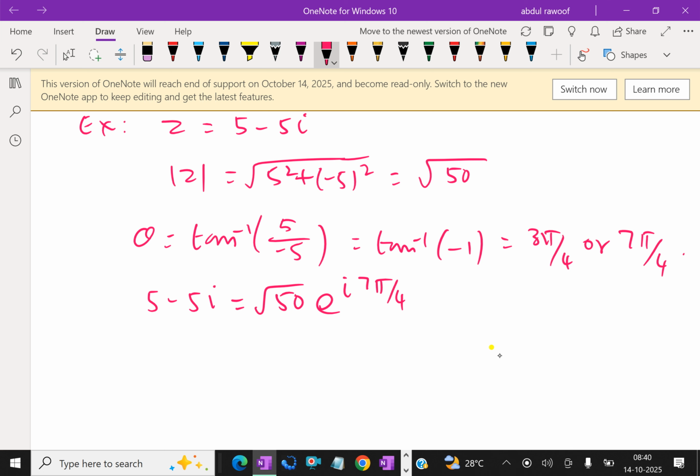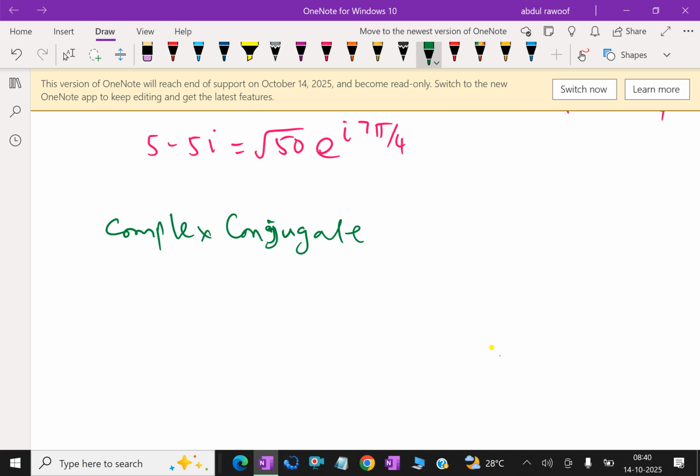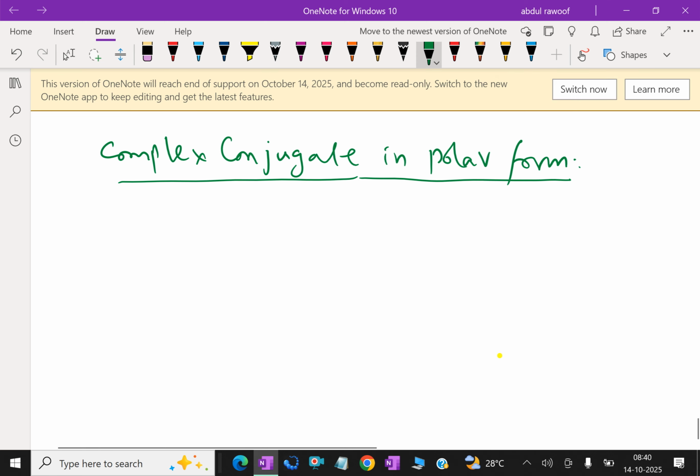Next one, complex conjugate. Complex conjugate of a complex number in polar form. You are finding the complex conjugate in polar form of a complex number.